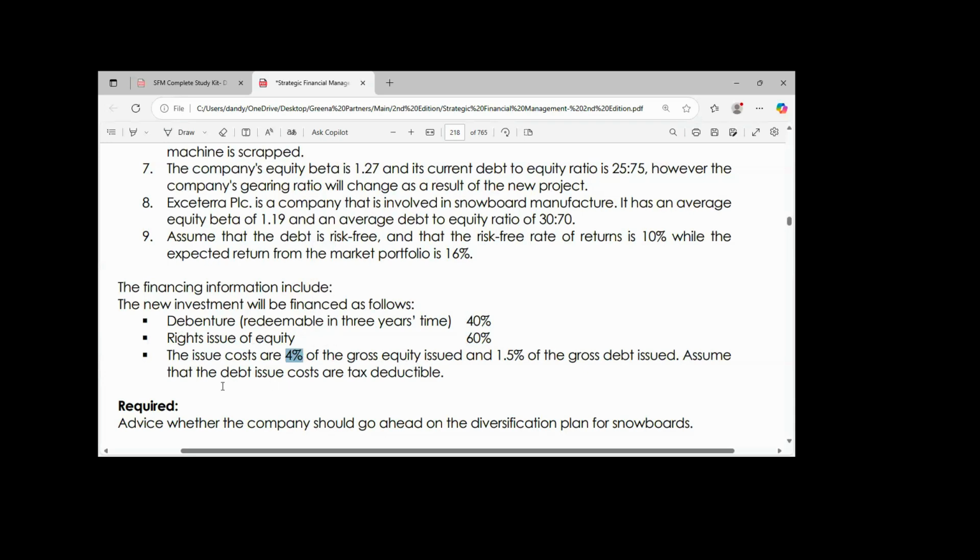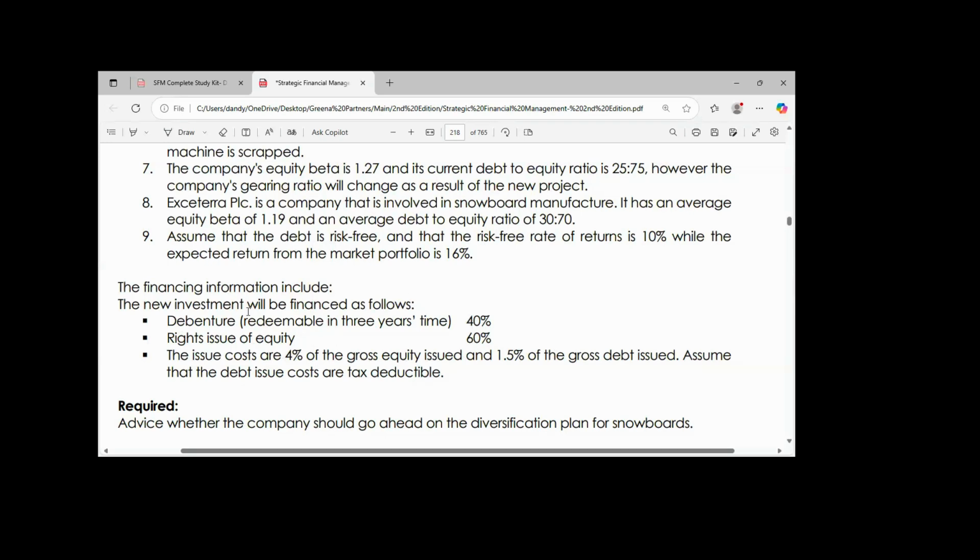Assume that the debt issue costs are tax deductible. That is, you have to calculate the tax saved on the issue cost amounts for year one only.